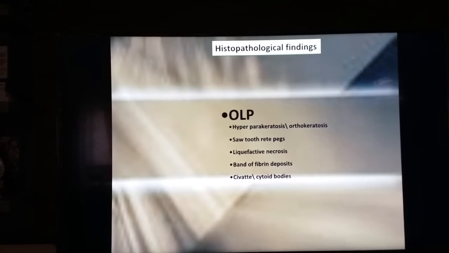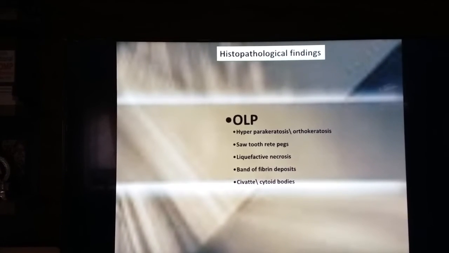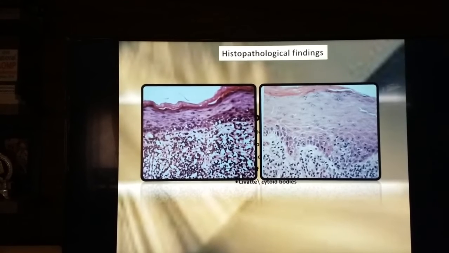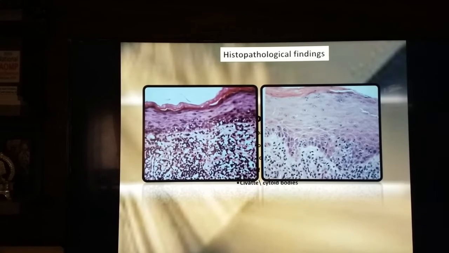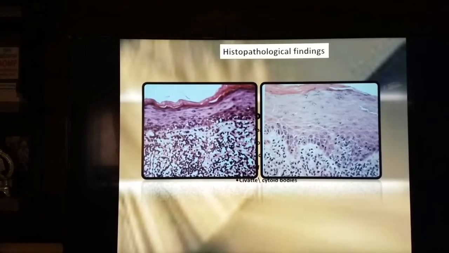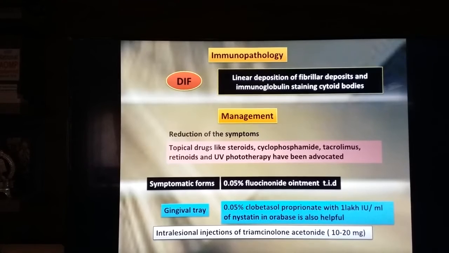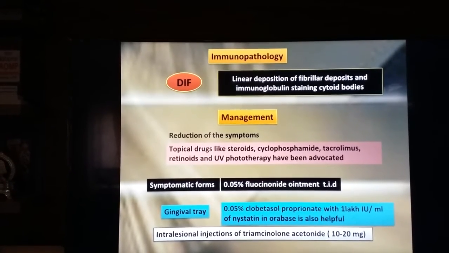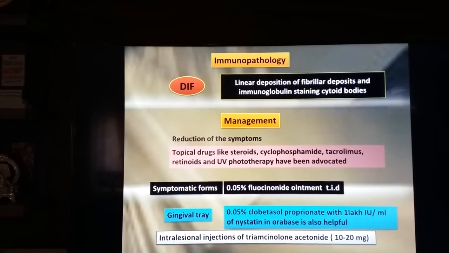The presence of eosinophilic cytoid bodies or civatte bodies is again a wonderful example. There is a dense inflammatory infiltrate of chronic inflammatory cells. When you talk about the immunopathology, in direct immunofluorescence you will find linear deposition of fibrinogen and immunoglobulin staining of cytoid bodies.